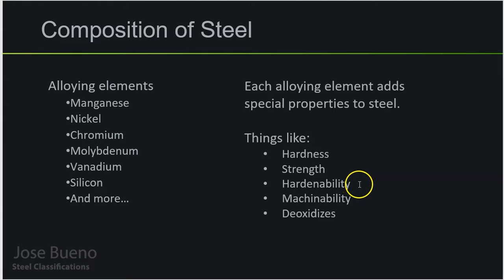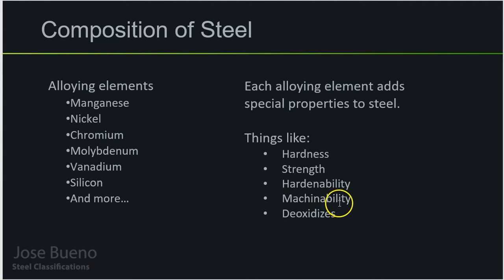This is similar to hardness, but hardenability is something that we can manipulate. With all the different elements that are in the steel, it's going to affect how we can take a steel that is soft and make it harder, or take a steel that has been hardened and make it softer.